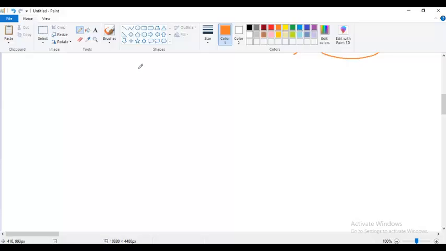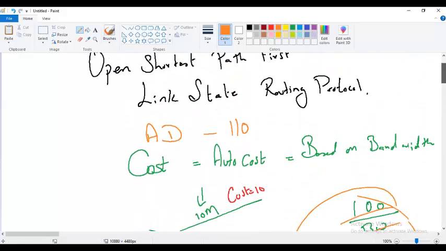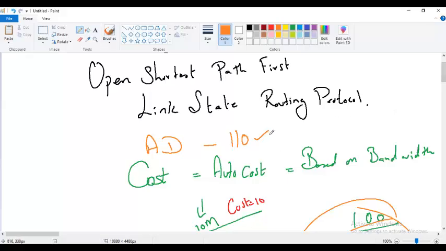And thirdly what we saw is the administrative distance is 110. Administrative distance is important when we have more than one routing protocol on the same router. Fourthly, we have seen the metric of OSPF is cost.